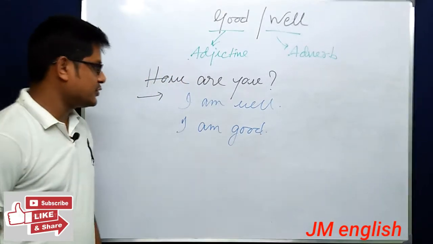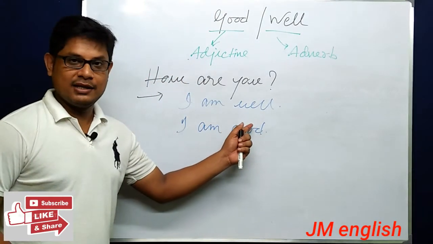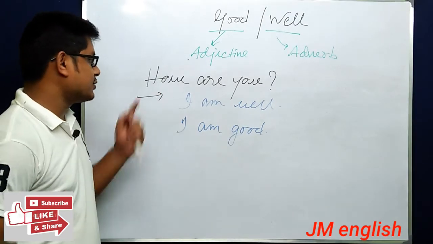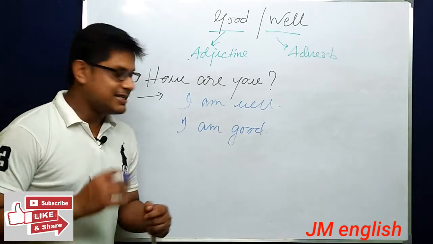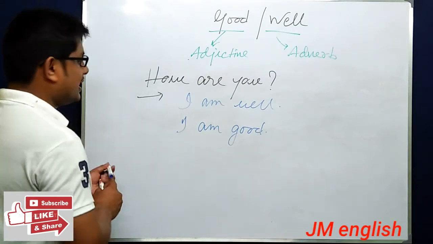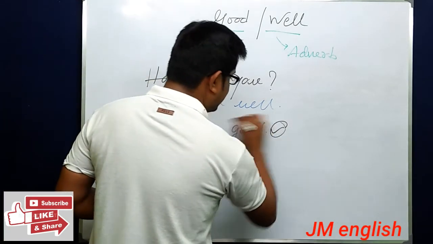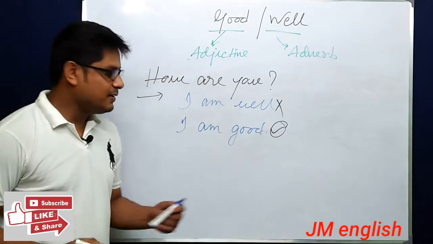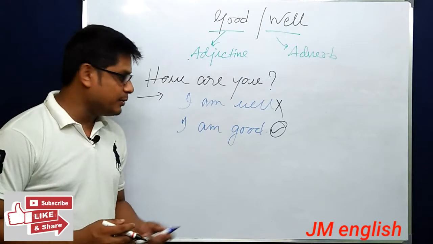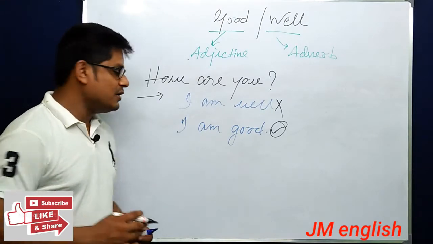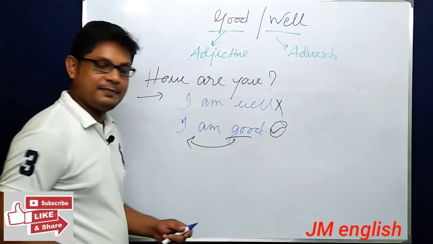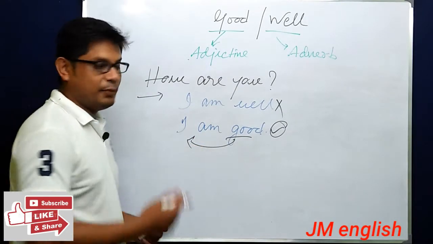Which one is right for this question, how are you? Over here, you have to say, I am good. Don't say I am well, because as you now know, good is an adjective, so you can say I am good because good modifies I. You cannot say I am well.